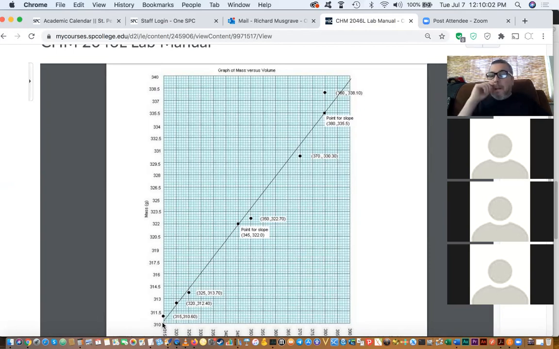Does anybody have any other questions about the graphing lab itself? What's required? My question is plotting the line. We have our points, and what we want to do is make it as close as possible to those dots. I like to treat it as a corridor.